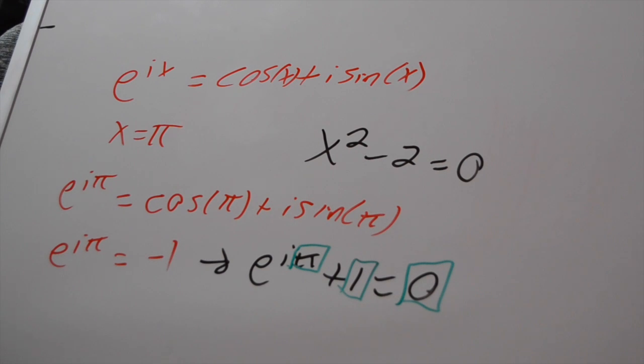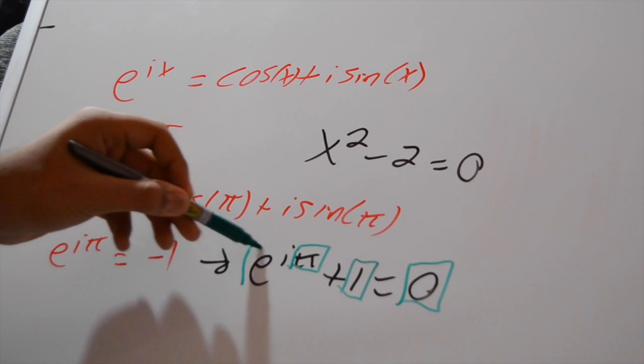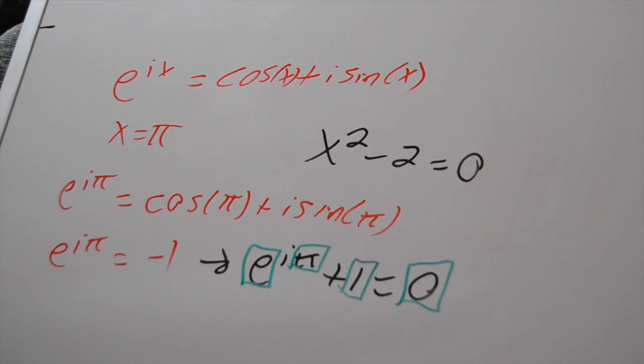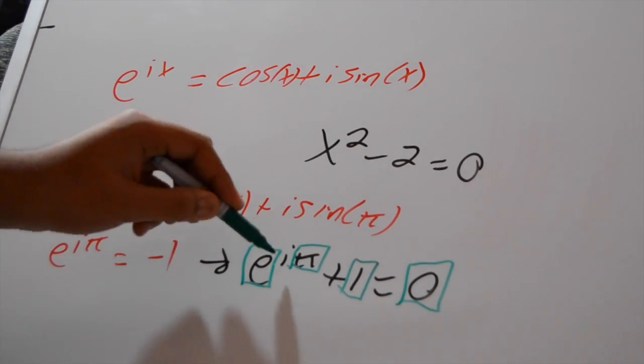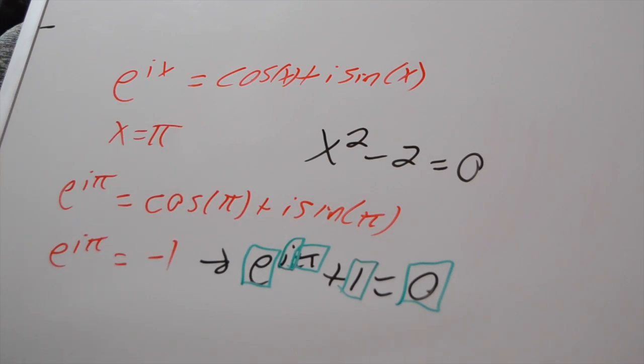Another one is e, which is the base of the natural logarithm, and that has a value of 2.718. And the final one we will talk about is i, the imaginary number, the square root of negative 1, which we call in the complex plane. We have a whole axis for it.